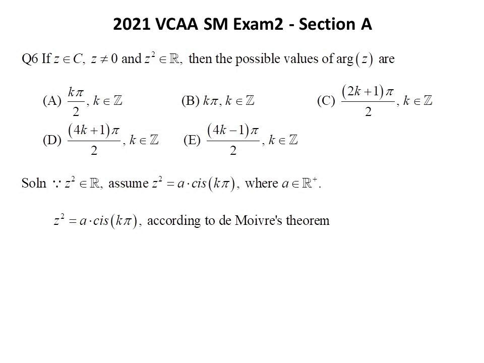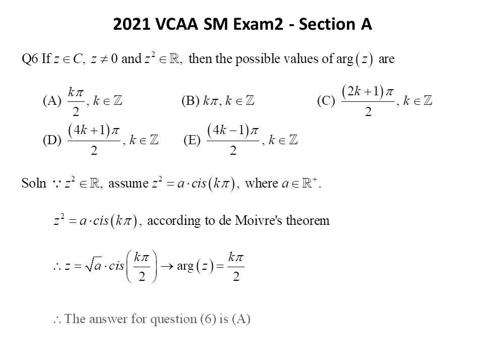According to de Moivre's theorem, z equals square root of a times cis of k pi over 2, in which argument z equals k pi over 2, where k is an integer. So the answer for question 6 is A.